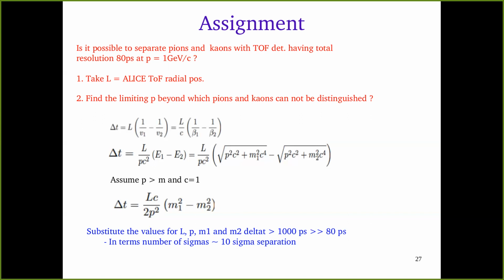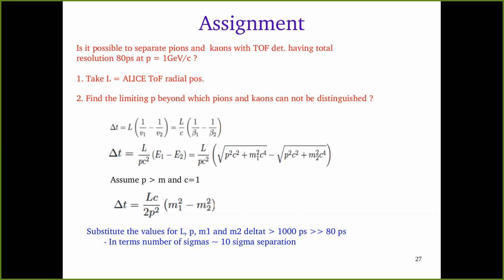So this is a quantitative way to say, well, if my detector resolution is x, and the relative time taken is say 10 times x, then my two signals are separated by 10 sigma.